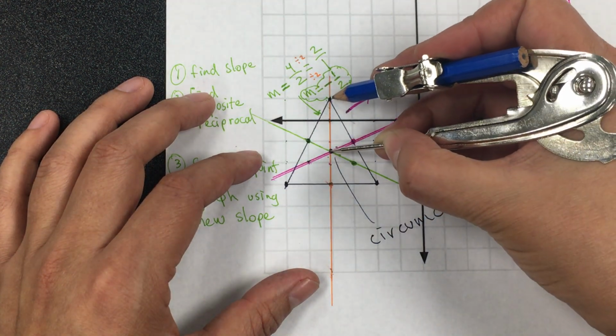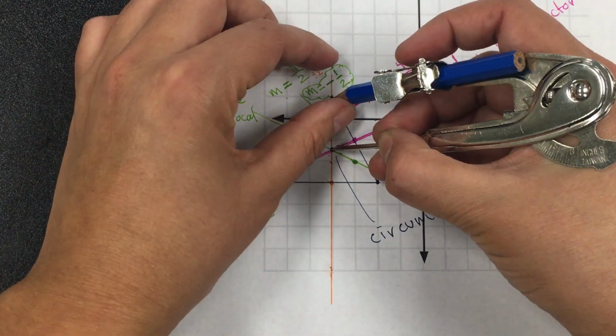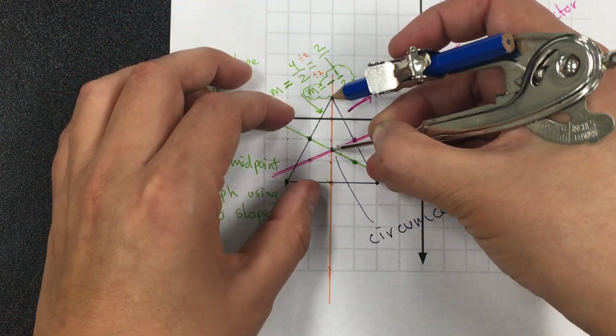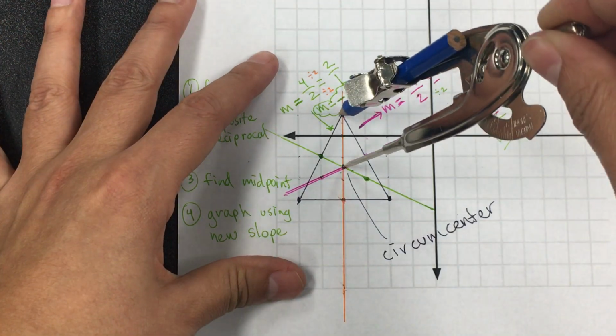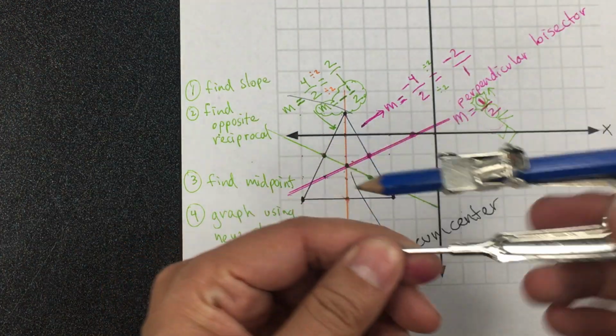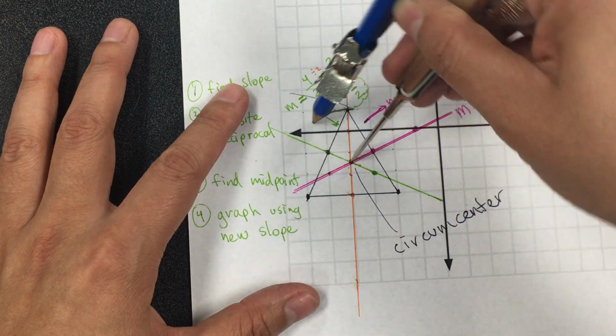Again, if you are not careful, and it might even happen to me, we might not get it exactly on the corners, but we're trying our best. Okay, let me see.